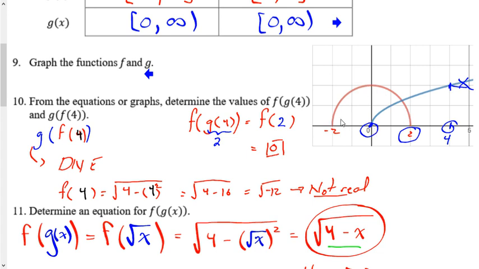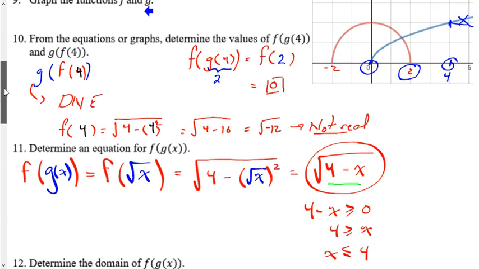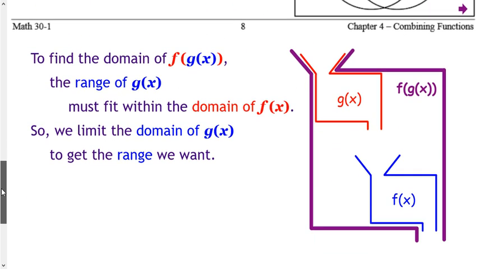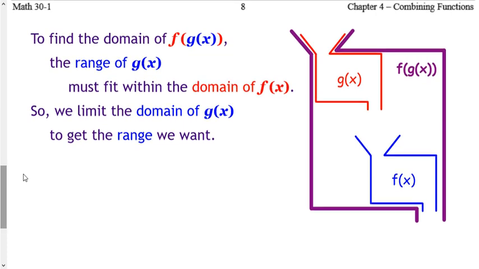That's a challenging idea. So you may need to pause the video, replay this a few times, and think that through. But for now, let me just summarize here at the bottom of the page. To find the domain of f of g of x, the range of g of x must fit within the domain of f of x.